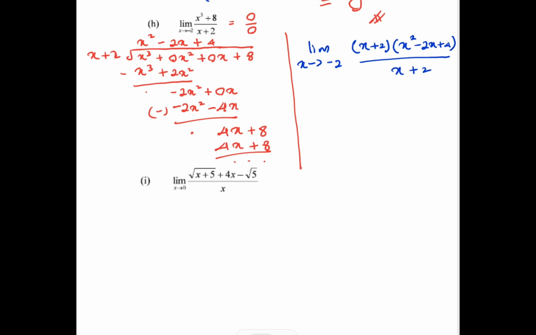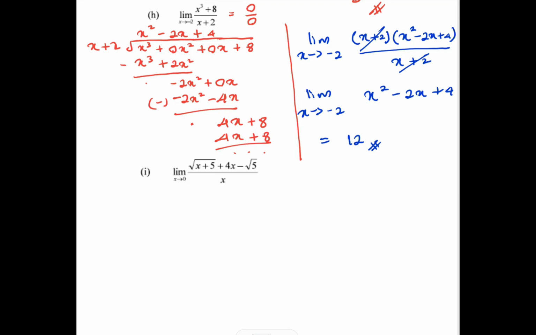So you can simplify x plus 2 here and then substitute. You get limit as x approaches negative 2 of x squared minus 2x plus 4, and when you substitute x with negative 2, you can get 12. So that is the answer for question H.